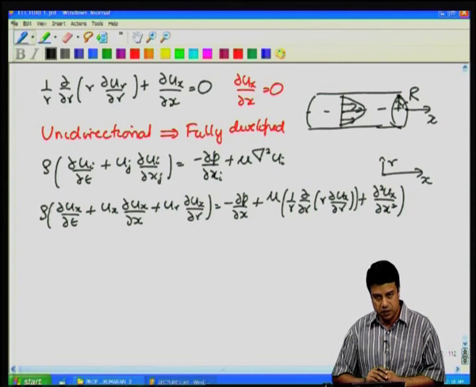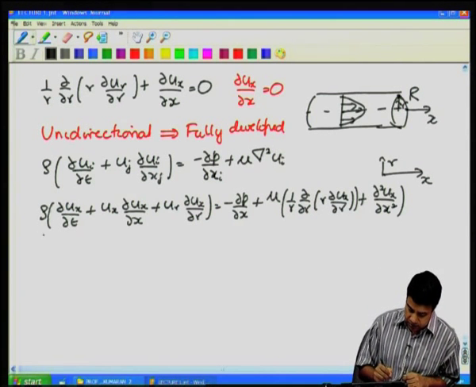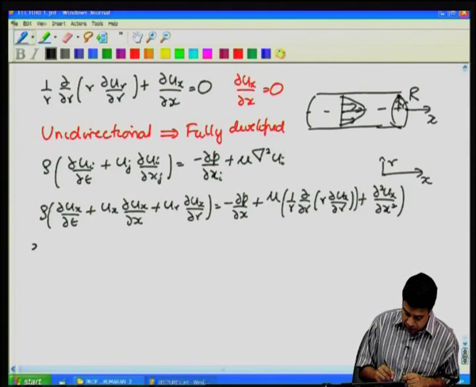Similarly, for the r direction, exact same momentum conservation equation for the r direction.